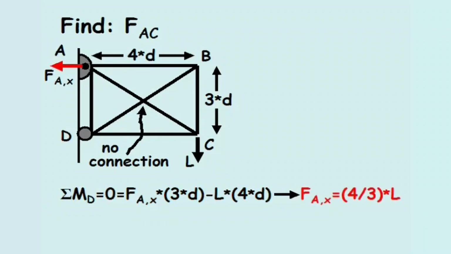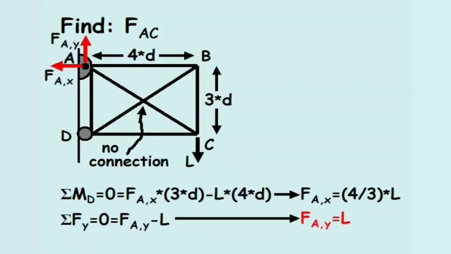That horizontal force, FAX, equals 4/3 times the load, L. The vertical reaction force at joint A is determined by summing the forces in the vertical direction for the entire truss and setting that value equal to 0. The vertical reaction force at joint A equals the load, L.